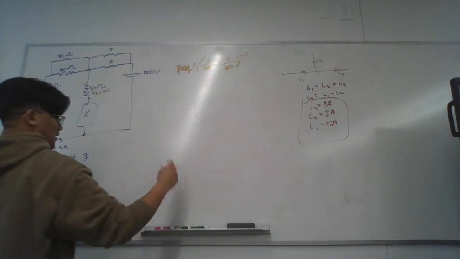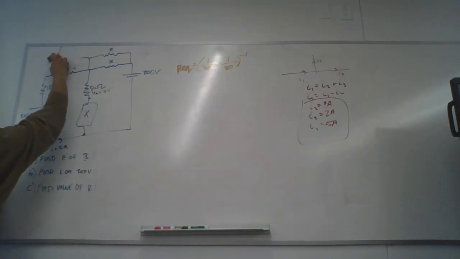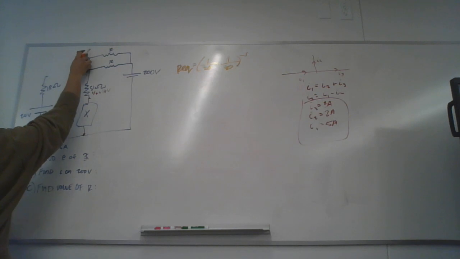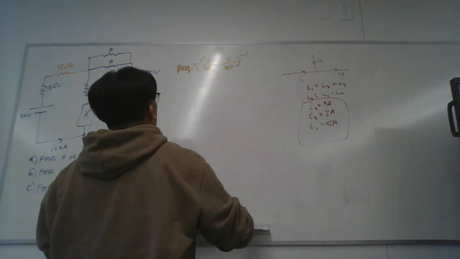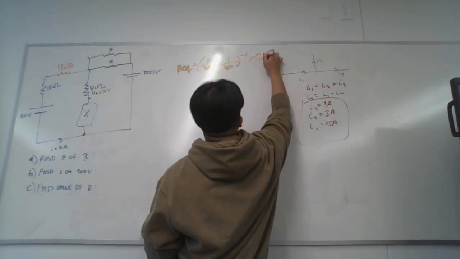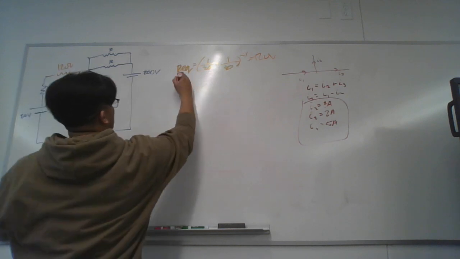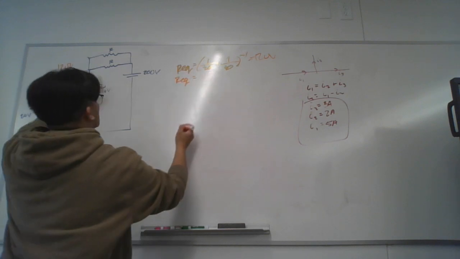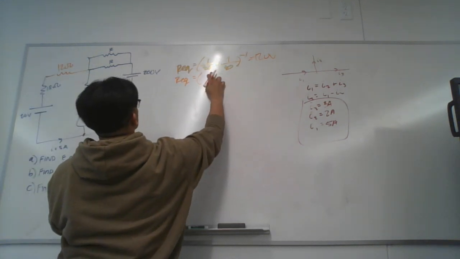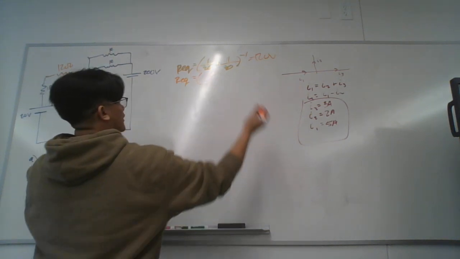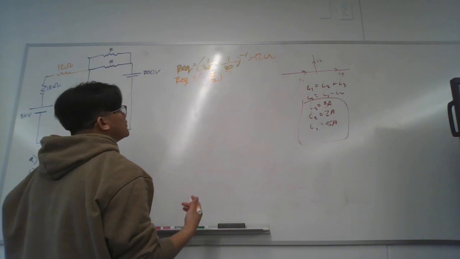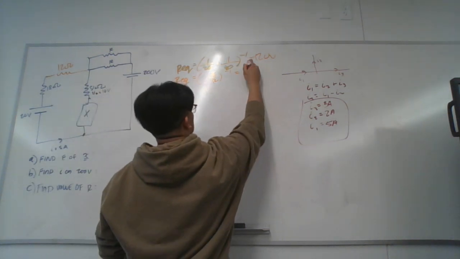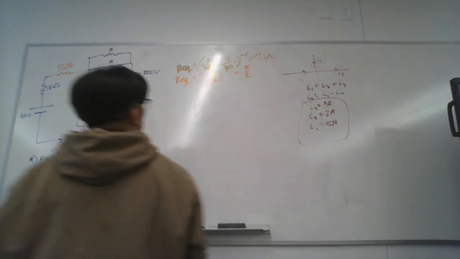So we can replace this with just one 12 ohm resistor. Cool. And then we can find this one. We just have 1 over R plus 1 over R, which is 2 over R, to the negative 1. So the inverse of that would just be R over 2, or 1/2 of R.